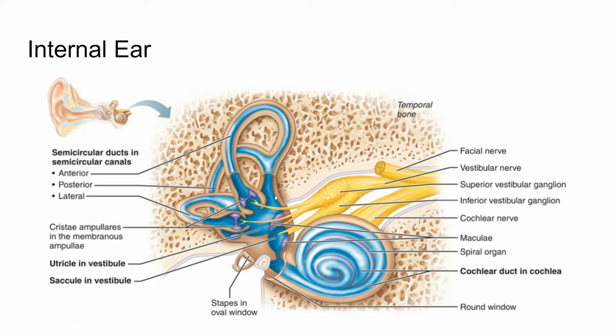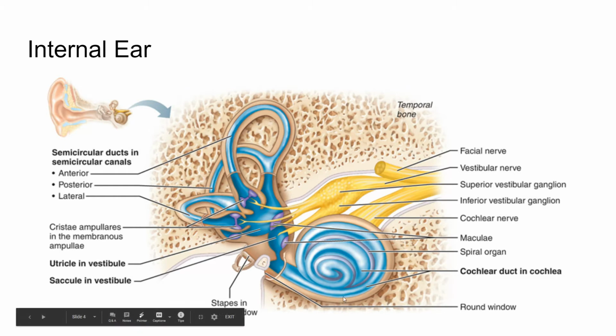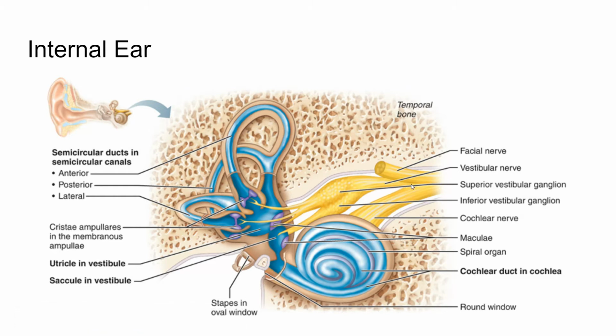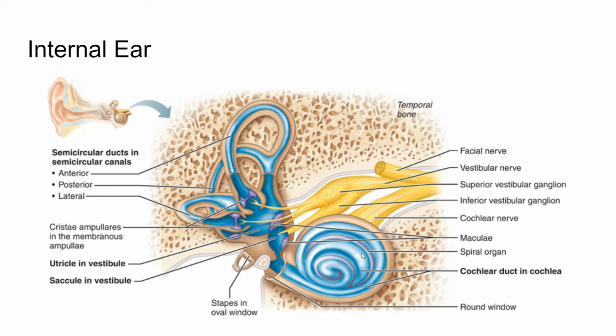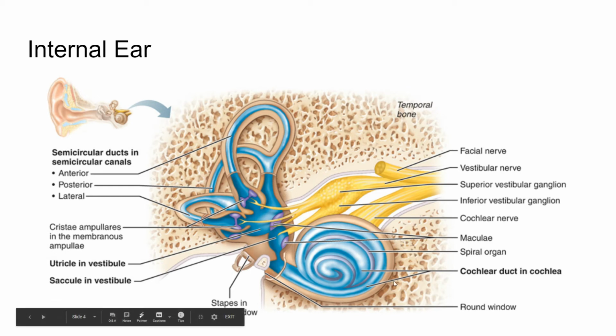And then there's the cochlea, and the cochlea is the main hearing organ. It's attached to the auditory nerve, which goes to the brain, and this is how you detect sound. It kind of looks like a snail. It's this spherical kind of structure. It contains an organ called the organ of Corti, and a membrane inside of it called the vestibular membrane, or the roof of it.